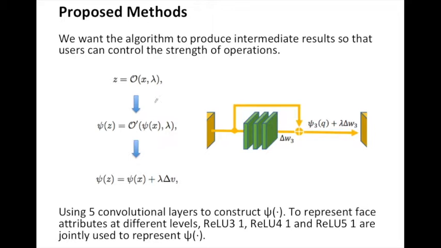In here, Z consists of X, where X is an input image, and also lambda, where lambda controls the strength, and function O denotes the operation that changes X from domain X towards domain Y. Note that domains X and Y usually differ semantically, so O can be highly complex.